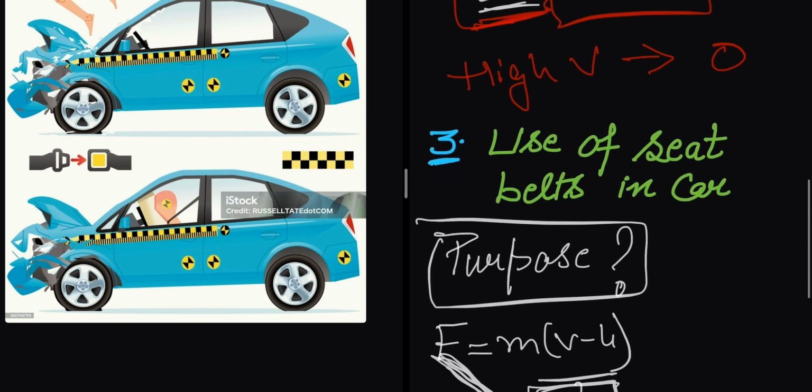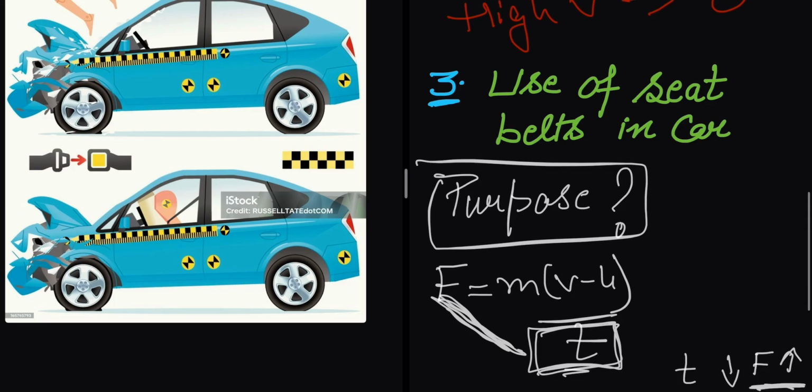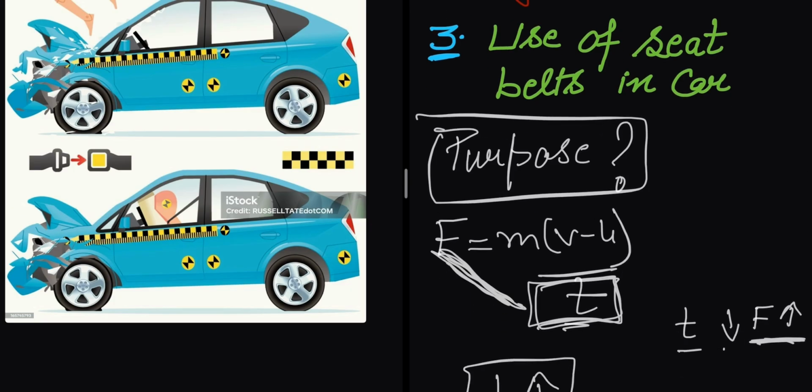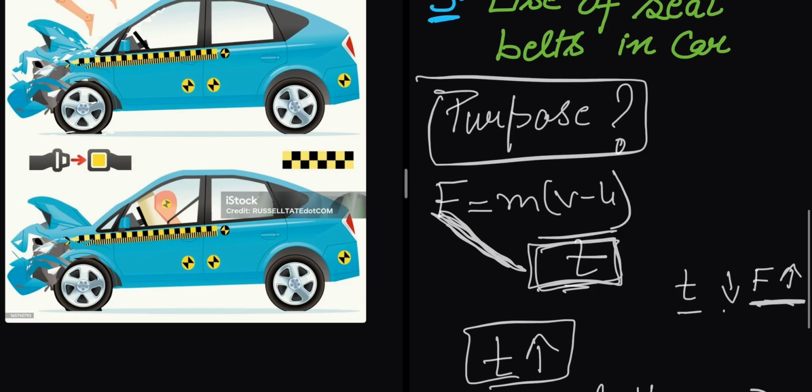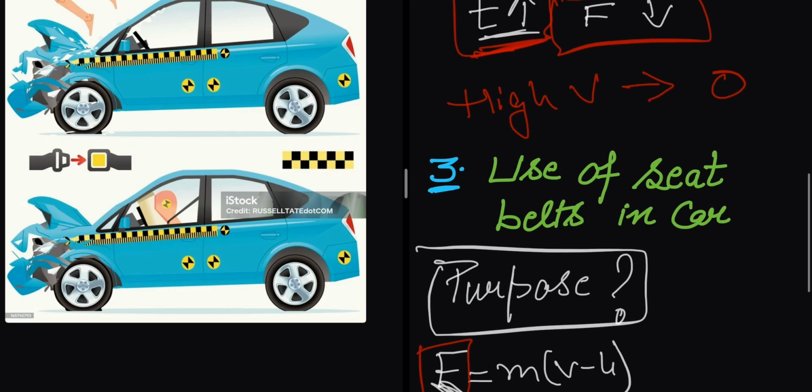Next is what? Use of seat belts. What is the purpose of that? To protect the passengers from injuries, in the case of sudden application of brakes or accidents. Same answer: by increasing the time, these seat belts will reduce the amount of force which will apply on the passengers. Clear, students, these applications?